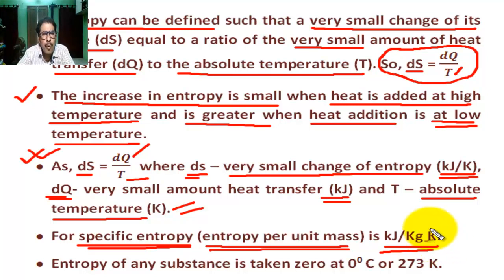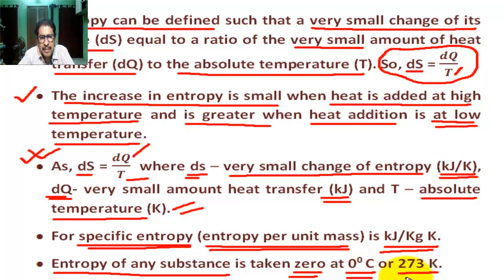Now from the relation dS equals dq by T, when T is 0, then the entropy of a substance is taken as 0 at 0 degree centigrade or 273 Kelvin.